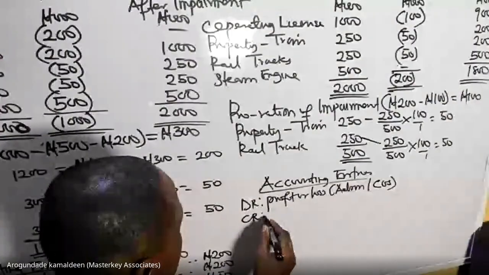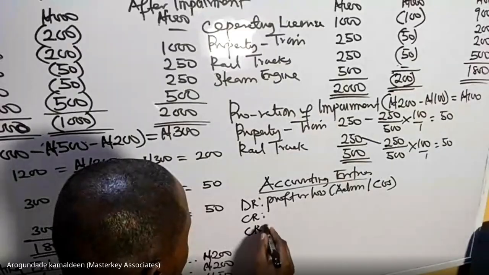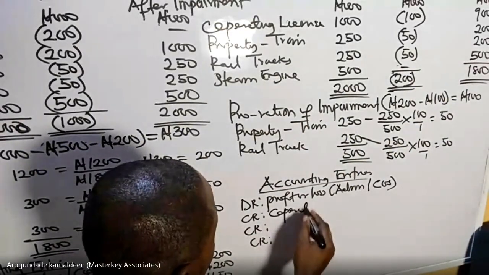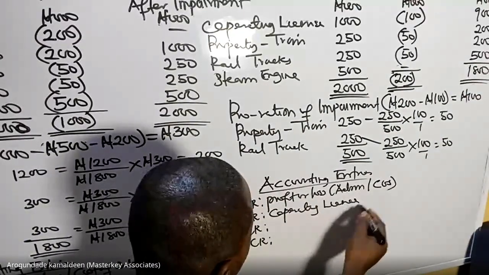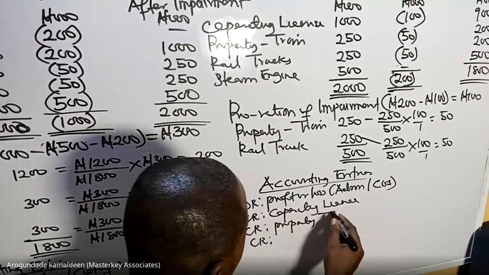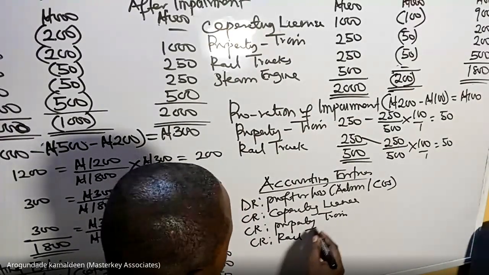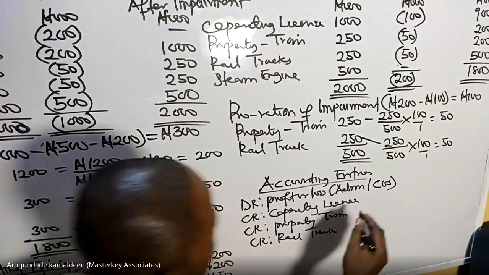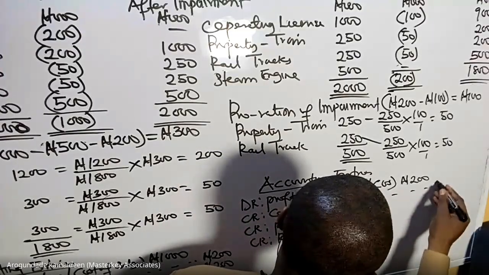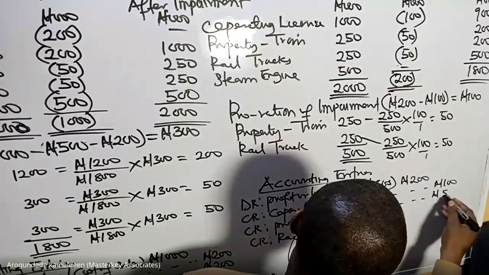And your credit, here we have 3 items: the operating license, the property, and the rail track. This is 200, this is 100, this is 50.